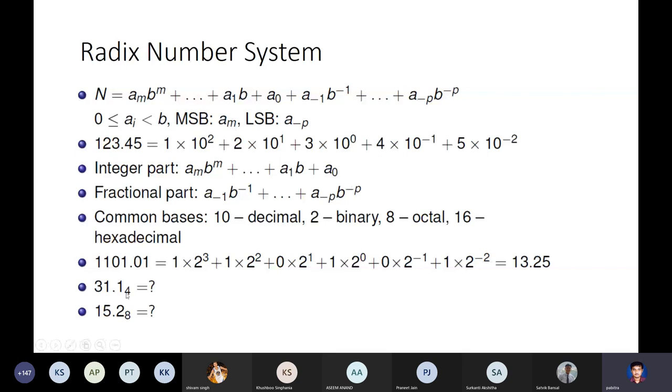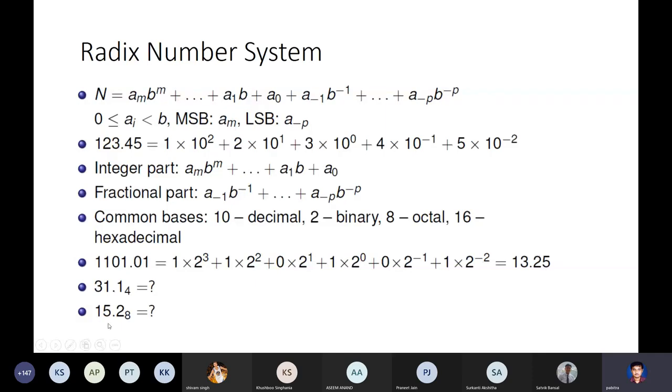So 31.1 in base 4 would be 1 into 1 plus 3 into 4, which is 12, and 1 is 13. And 1 into 1 by 4, which is 0.25. So this 31.1 base 4 is also 13.25.